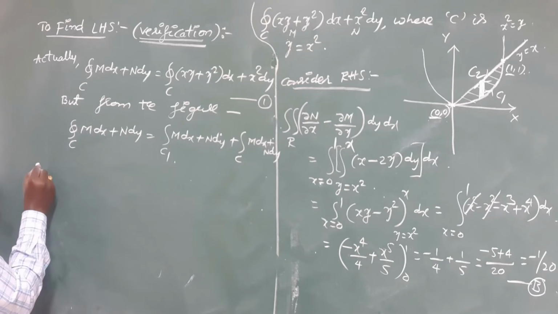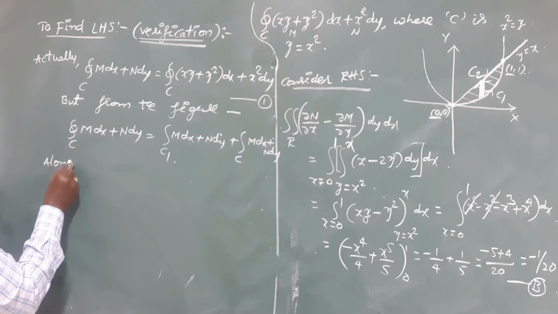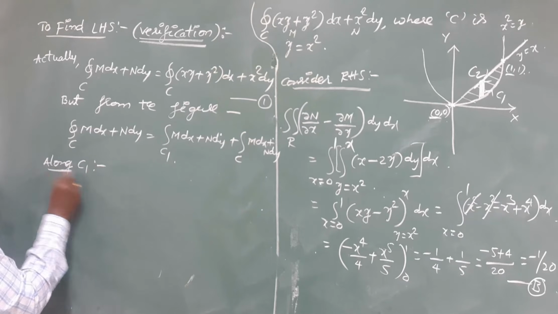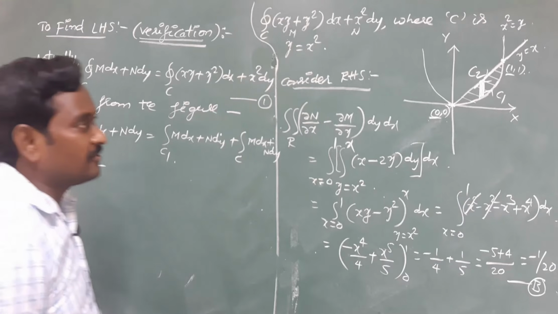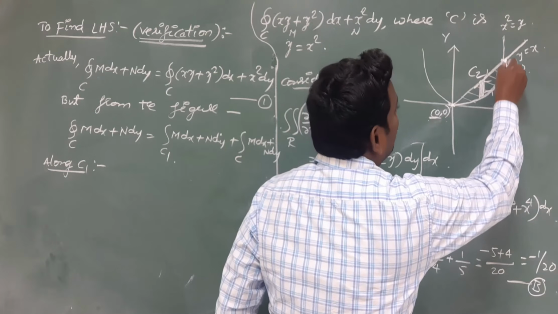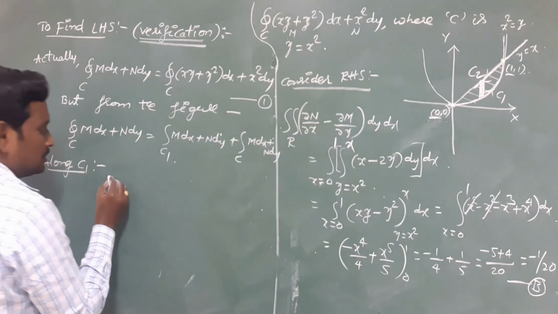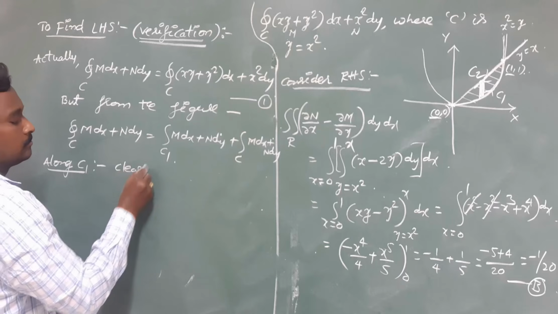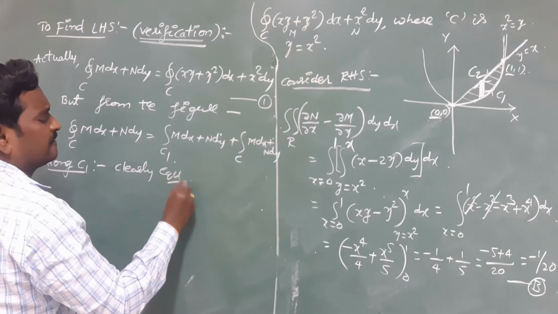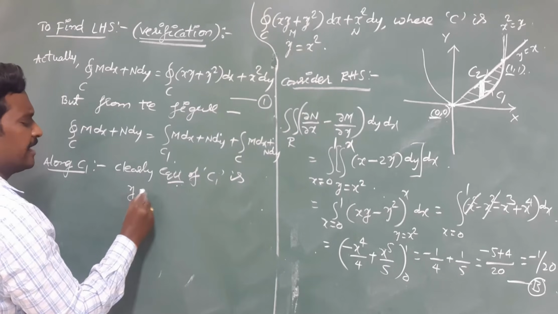So, along C1, what is the equation of C1? Clearly we observe that C1 is the arc of the parabola x² = y. So the equation of C1 is y = x².